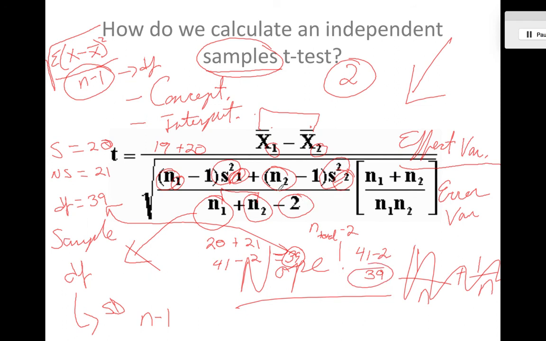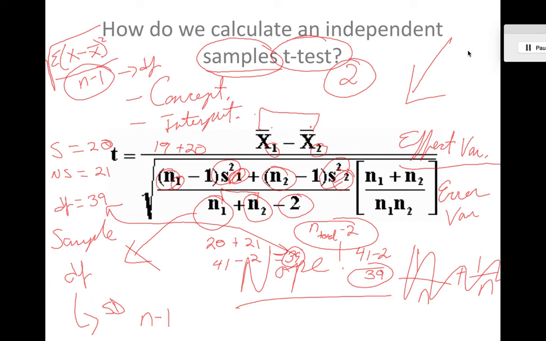Because it's taking n minus 1 for group 1 and n minus 1 for group 2. Always keep this in mind for t-test, that degrees of freedom are always n total minus 2, or n for group 1 minus 1 plus n for group 2 minus 1, giving you, in this particular instance, degrees of freedom.